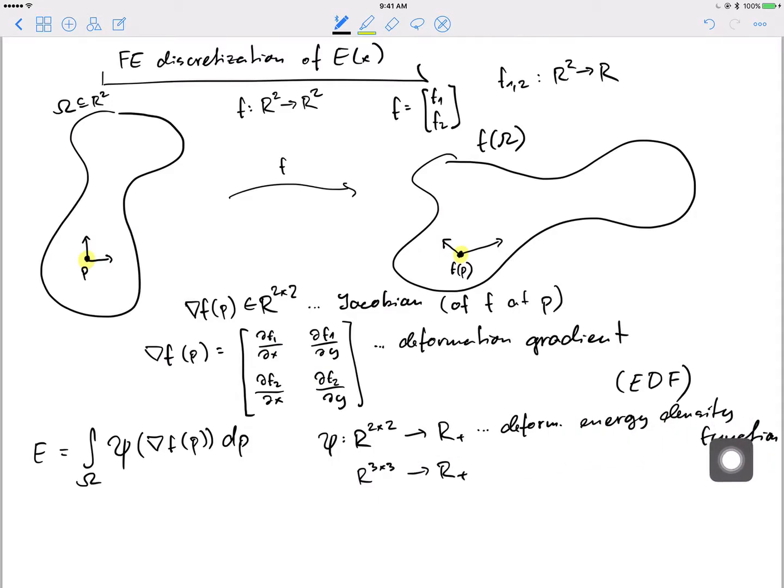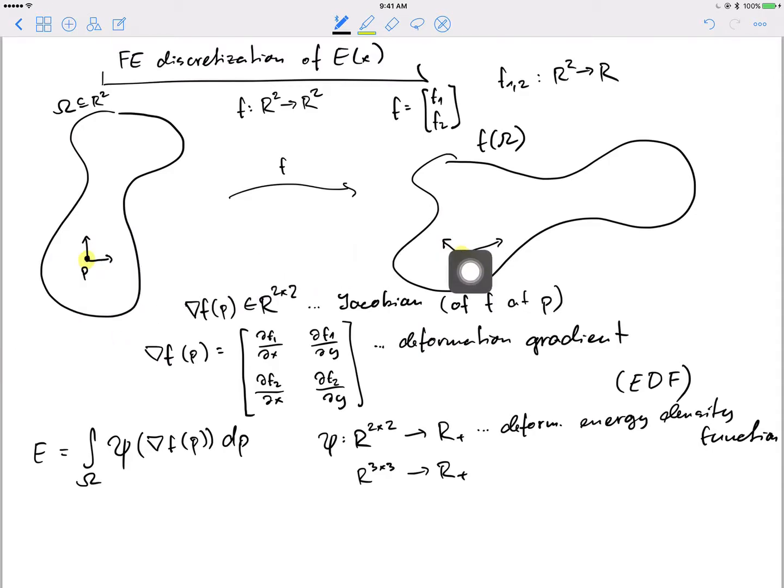It's a density function, so it makes sense to integrate it, kind of like we were integrating density before. But this is a deformation energy density function. It operates on the deformation gradient, and it tells me how much the material resists this particular local deformation captured by the deformation gradient.